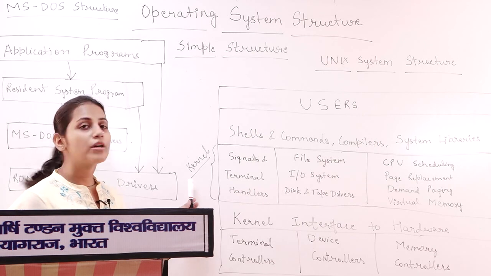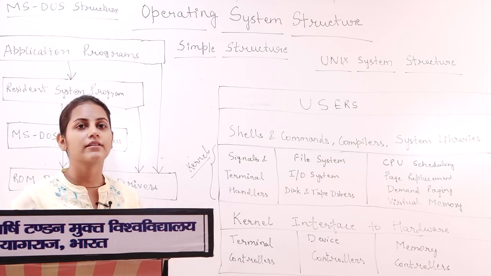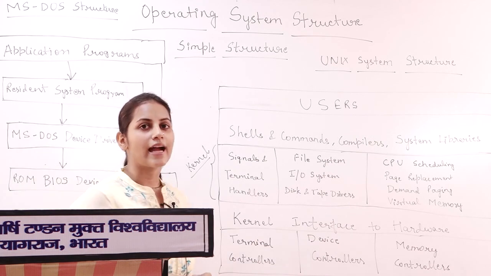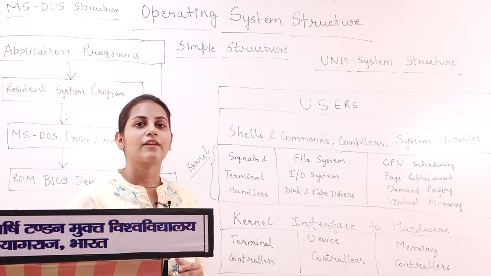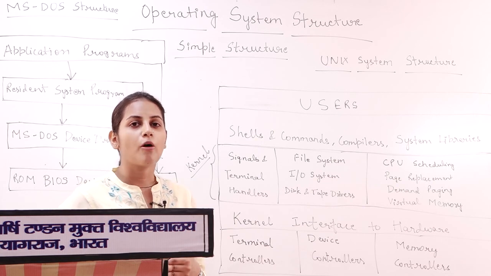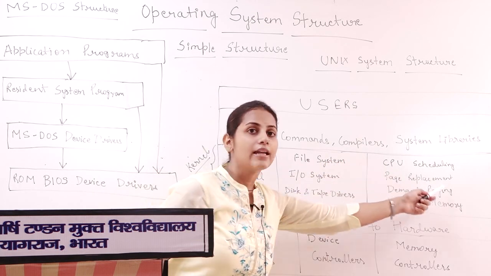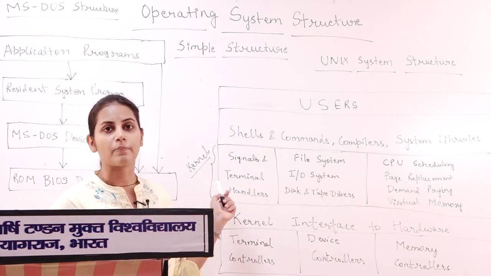We will discuss more about the concept of the kernel later in this lecture. But here, what is important to understand is that whatever functionalities we suppose to be present in the operating system are all grouped together, and they are present as the kernel, as a separate layer in this system.